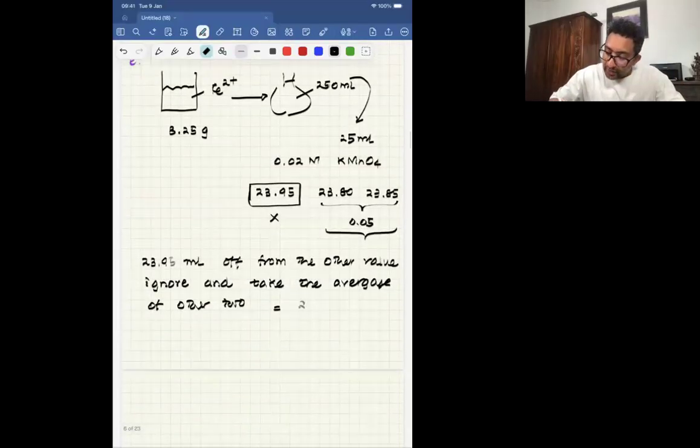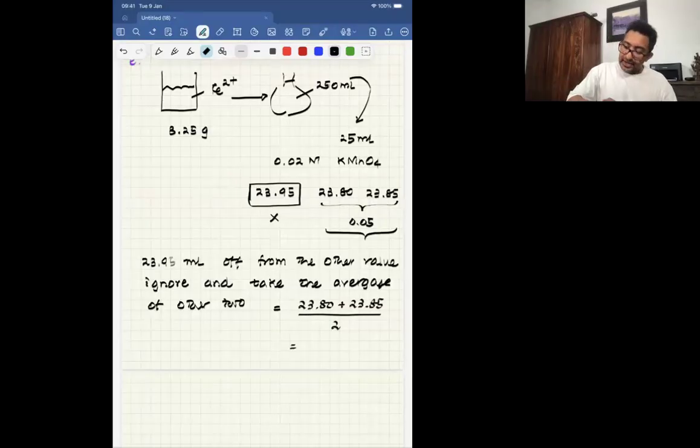So 23.80 plus 23.85 divided by 2. So we take that average. What is that average? 23.80 plus 23.85 divided by 2 is 23.825. 23.825 milliliters.